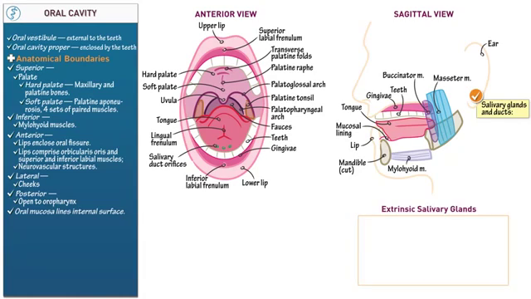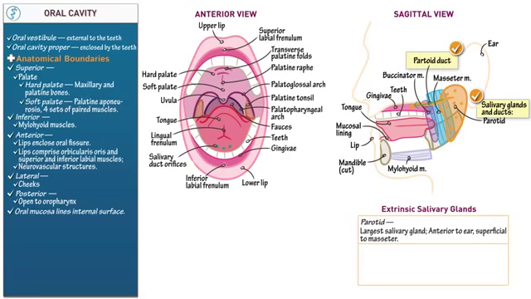Create a second small table. Show and write that the parotid gland is the largest and lies in the side of the face, anterior to the ear and superficial to the masseter. We draw it as grainy to emphasize its glandular tissues. Show that the parotid gland drains saliva into the mouth via the parotid duct.